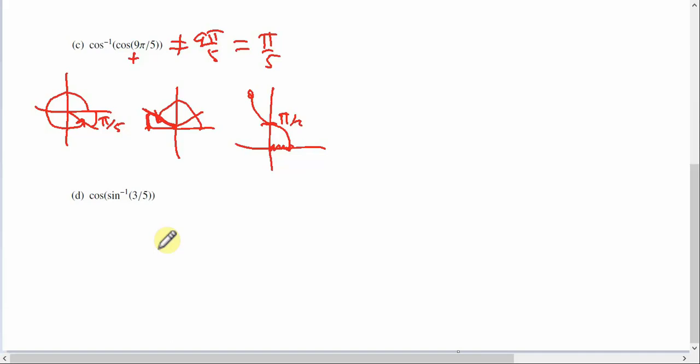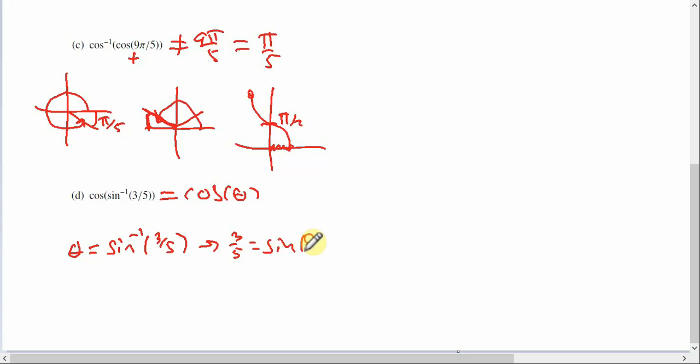Okay, and then the last one, this is what I was trying to do earlier on part B. I'm going to replace the sine inverse expression by theta, and what I'm really trying to calculate is cosine of theta. That's equivalent to saying I want to find the angle such that sine theta equals 3/5. Well, I actually won't find the angle.